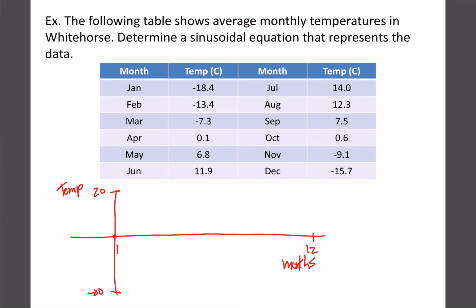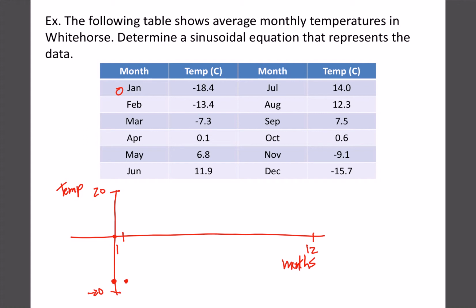If we plotted this, we'd start at negative 18 at month 1, something like that. The question is, do we call January month 1 or month 0? I guess it really doesn't matter too much. Let's do it as month 0. That might make it a little bit easier. So January will be at negative 18.